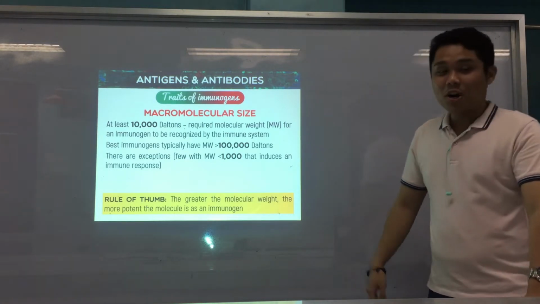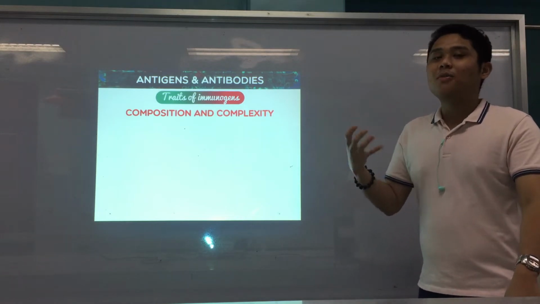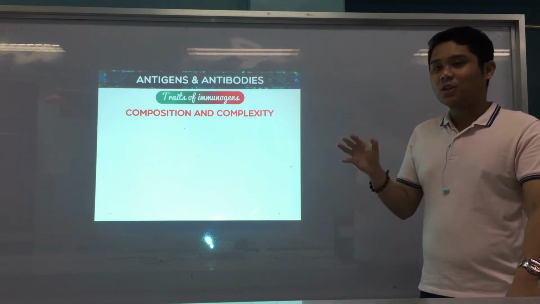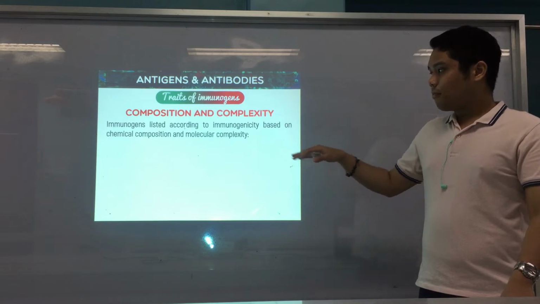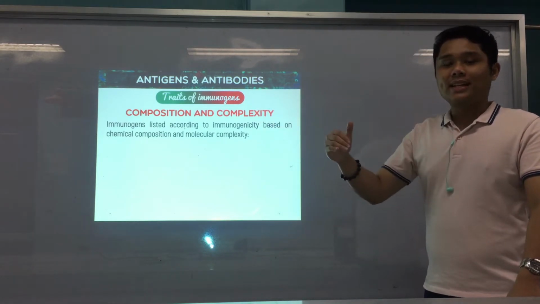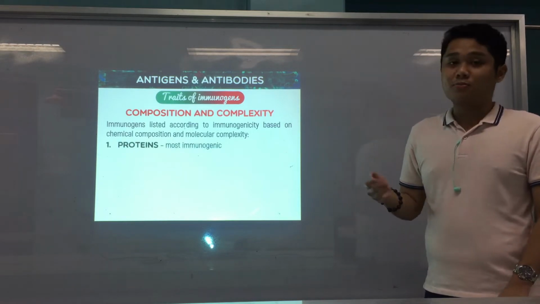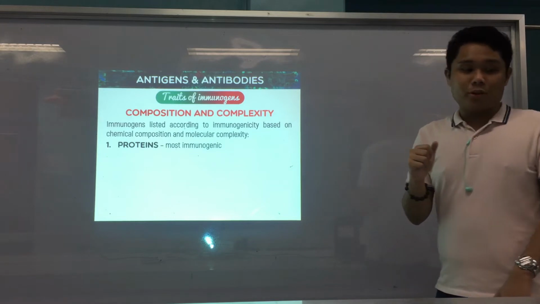Okay, alright. Now we go to the next, its composition and complexity. What substances compose this immunogen? Which are effective? In this list, in this order, is the effectivity of the composition in being an immunogen. First, of course, proteins. Your proteins are the most immunogenic. Why?